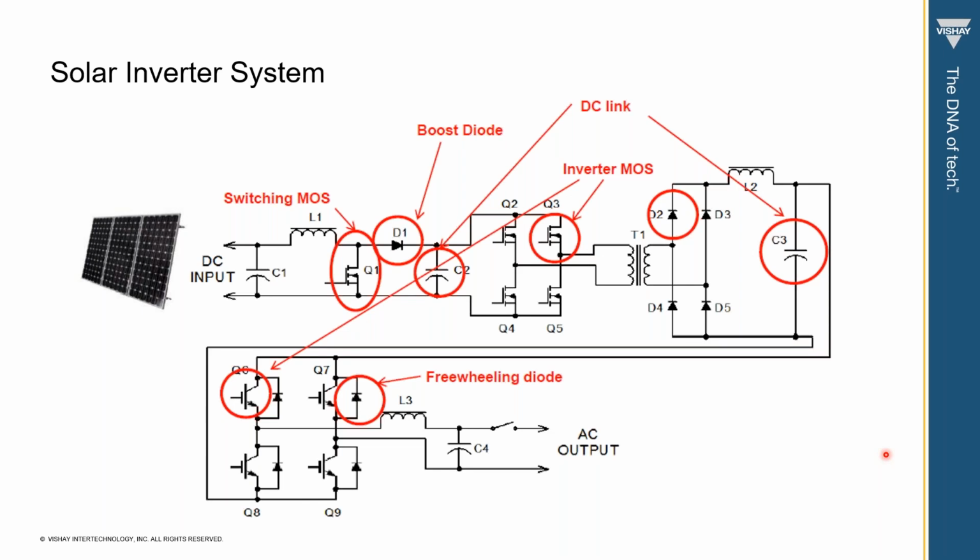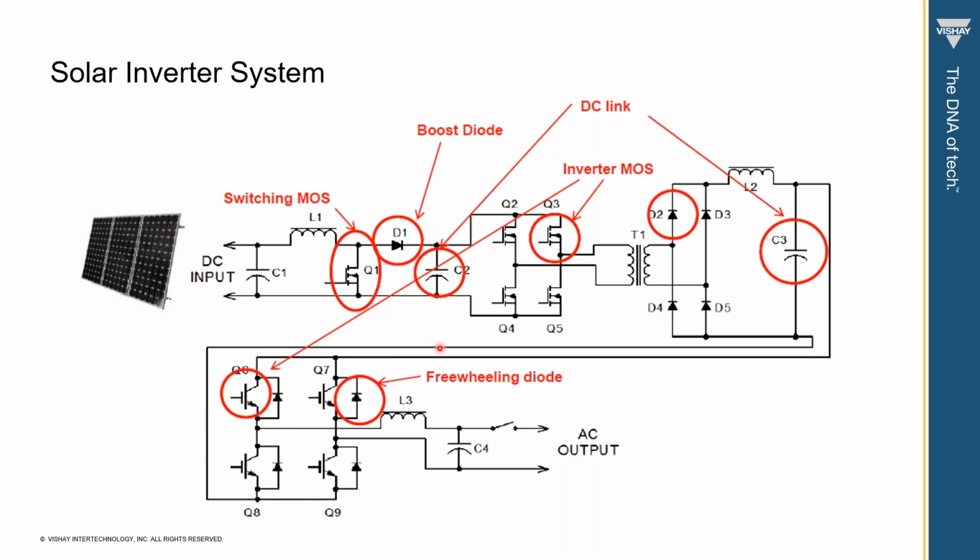This slide shows the general block diagram for the solar inverter system, and some of the Vishay products which we can cover for it. For the MOSFET, we have the PFC MOS, the DC to DC LLC inverter MOS, and also the output MOS.